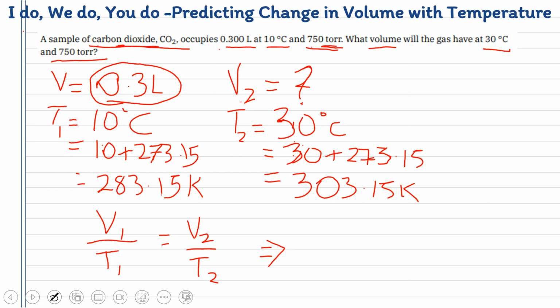So we're going to have V1 over T1, but I multiply this side by T2, equal to V2 over T2, and I multiply this side by T2. That T2 cancels T2, so we're going to have V2 to stand alone.